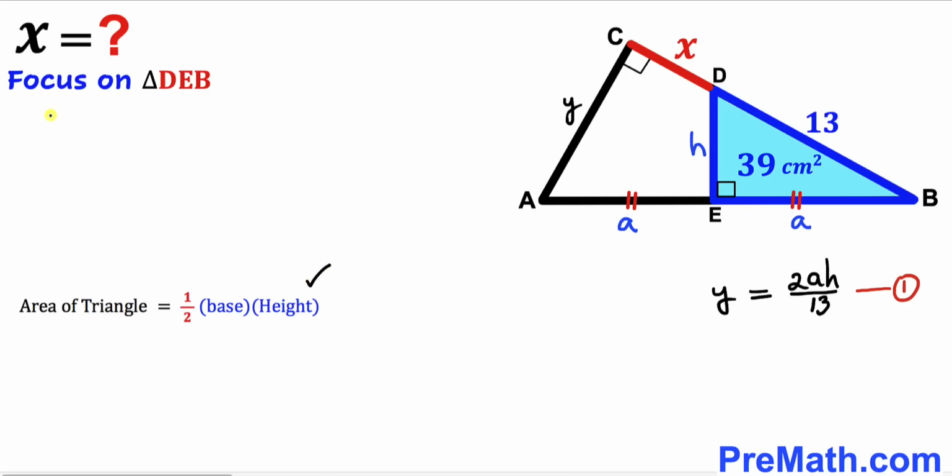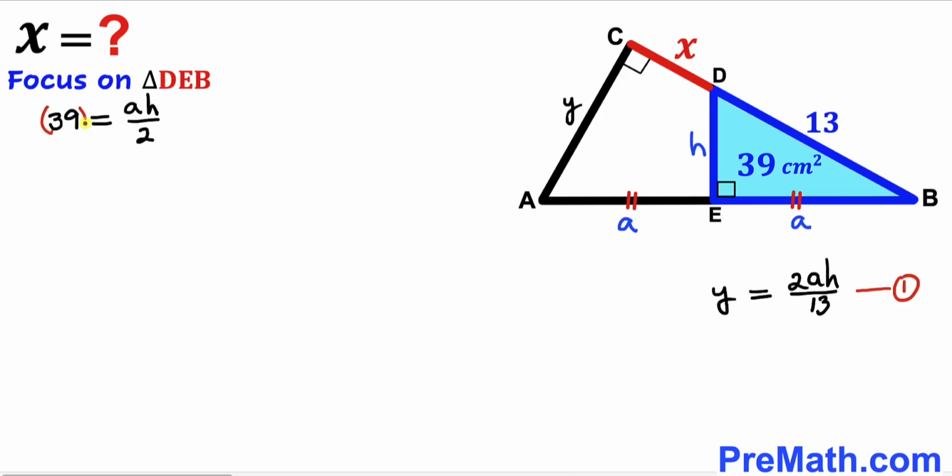So 39 equals a times h divided by 2. And now we are going to multiply both sides by 2 to remove this fraction. And here we can see this 2 and 2 is gone. So our a times h value turns out to be 78. And I'm going to label this one as our equation number 2.